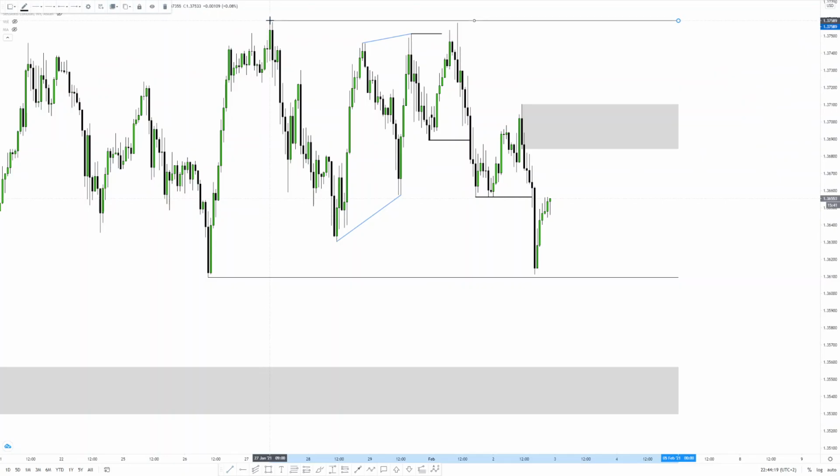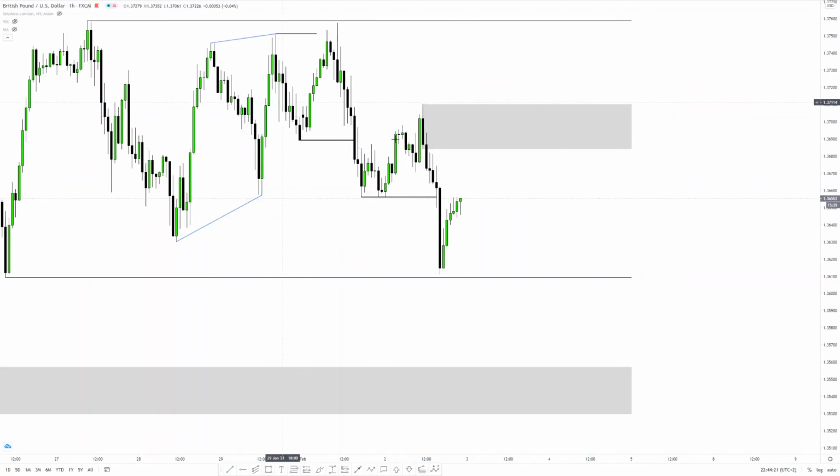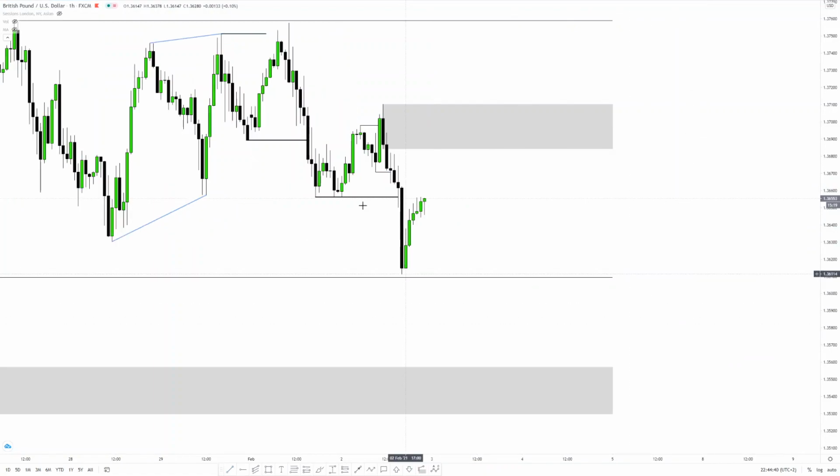Let me do this. Trade back into this area and then find the sell-off, and get a sell-off from there.